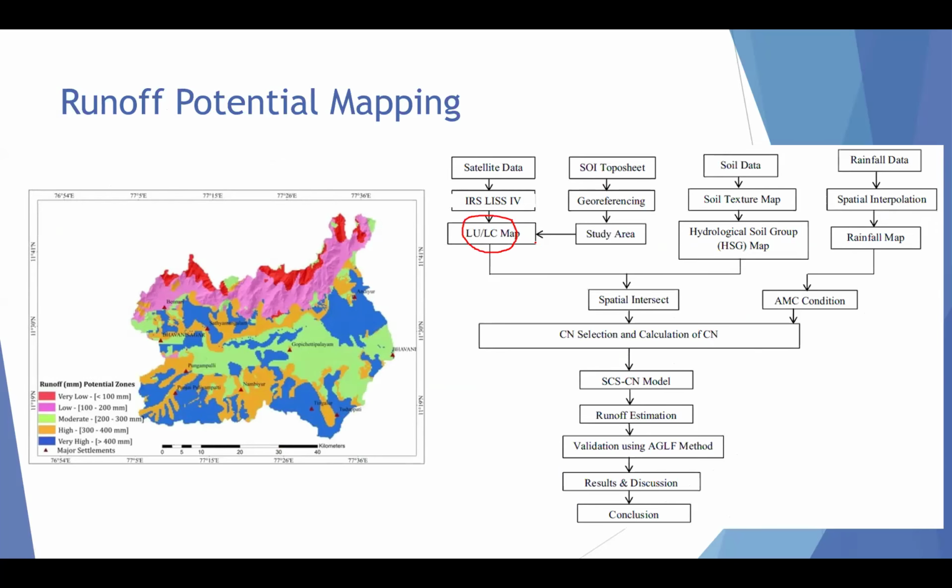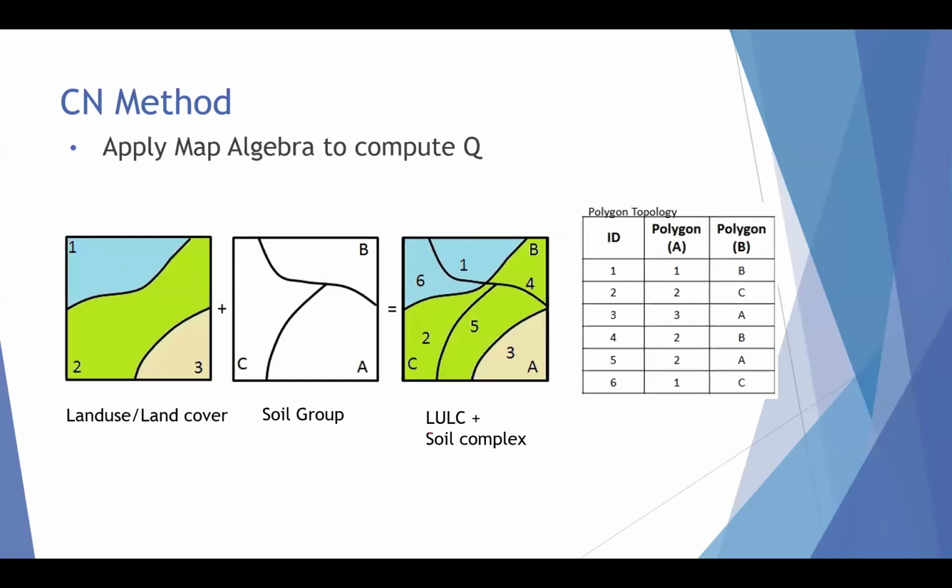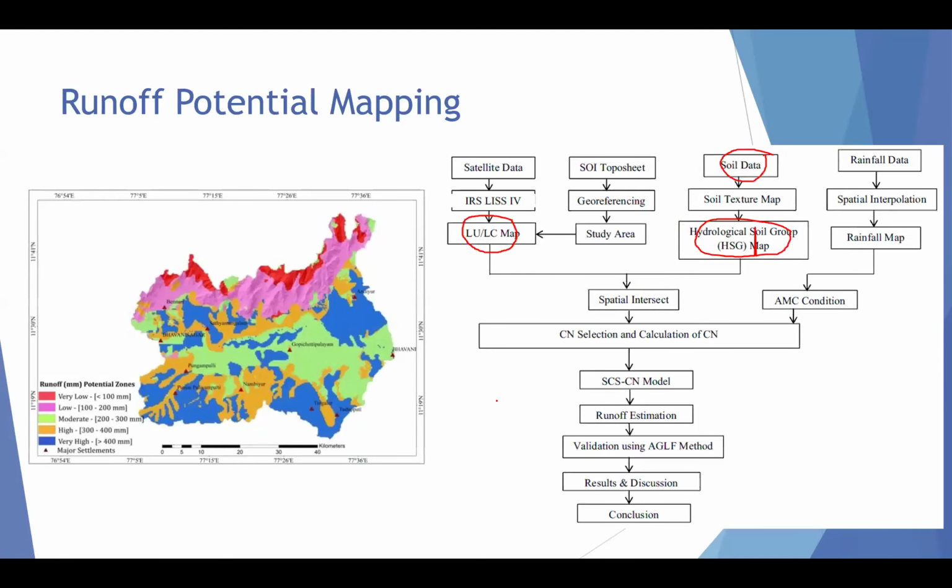Then from soil data, soil texture and hydrological soil group, that is A, B, C, D, whatever it is, right? Then from these two things, land use land cover over soil, you get this spatial overlay, right?